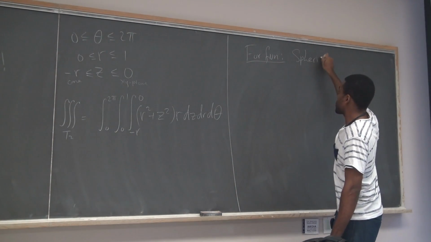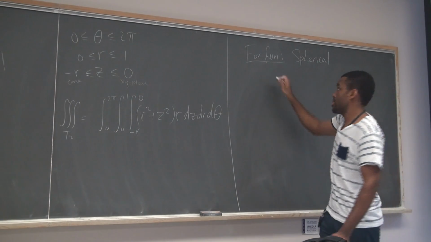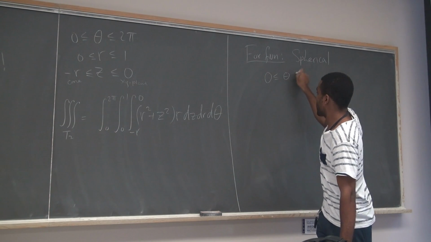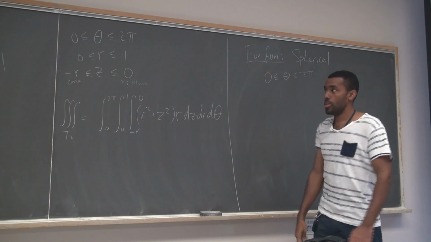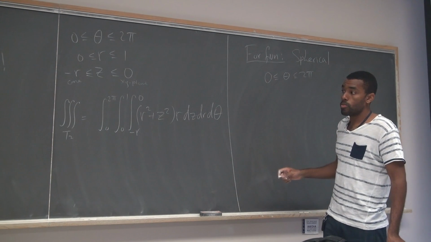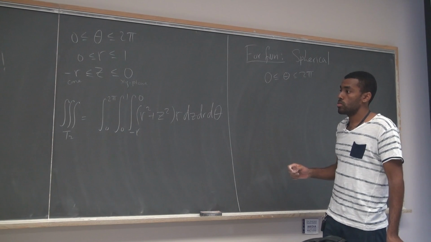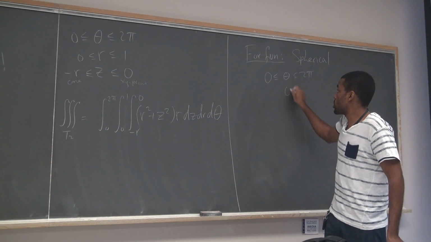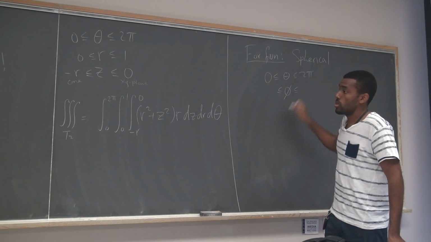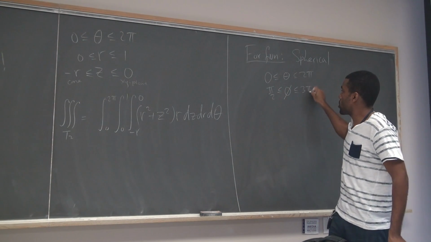What's the spherical setup for this? Theta is 0 to 2 pi. Phi is from pi over 2 to 3 pi over 4.